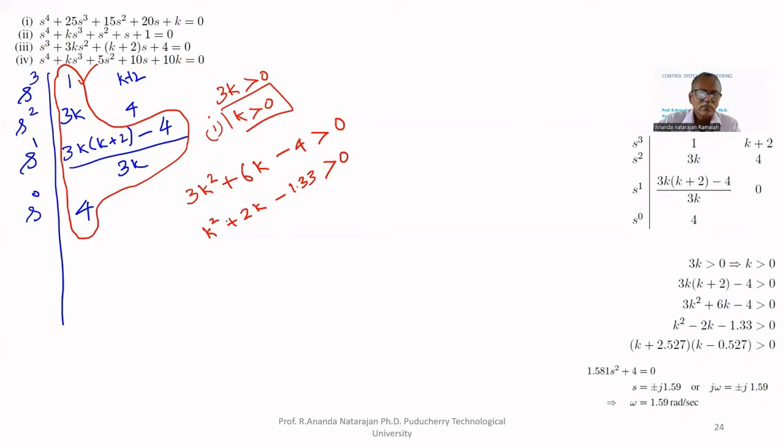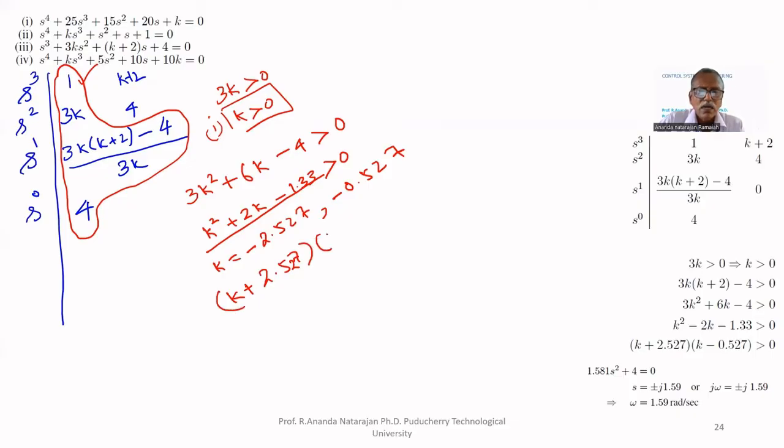The roots are K equal to minus 2.527 and minus 0.527. Therefore, we can factorize this as K plus 2.527 and K minus 0.527 should be greater than 0.